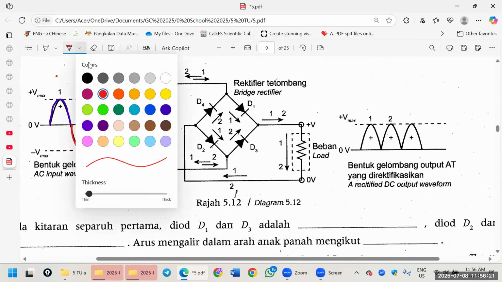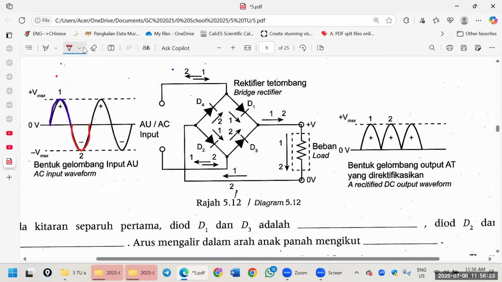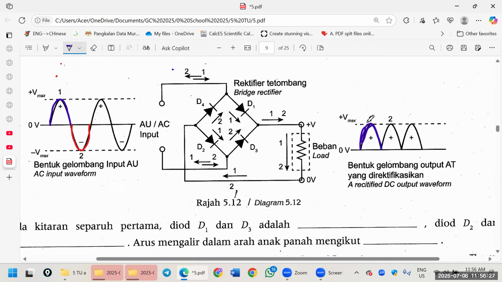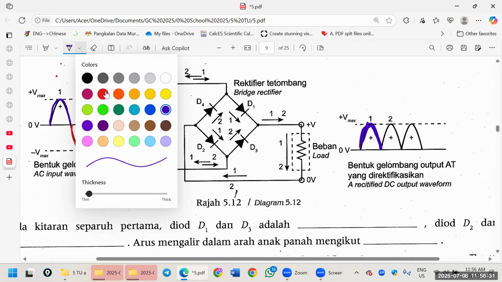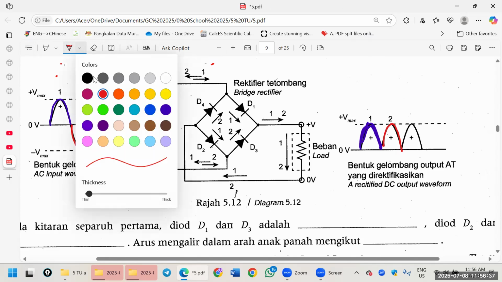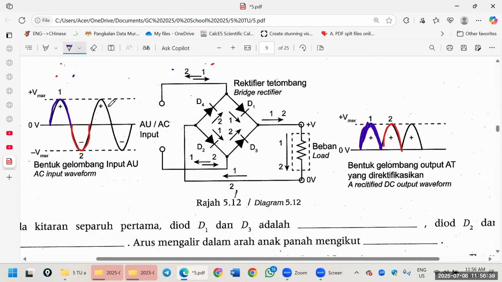You can see here, first of all, the positive goes through here. And then we got 4 diodes here, which means it will make the negative one go up to positive. Then again the cycle starts with blue, then goes down with red.